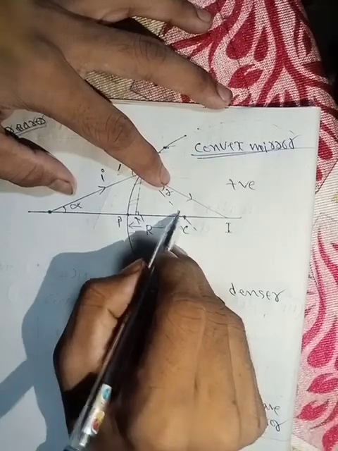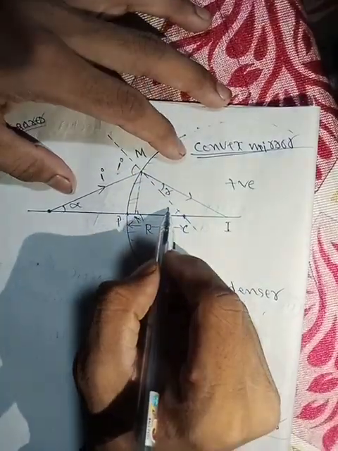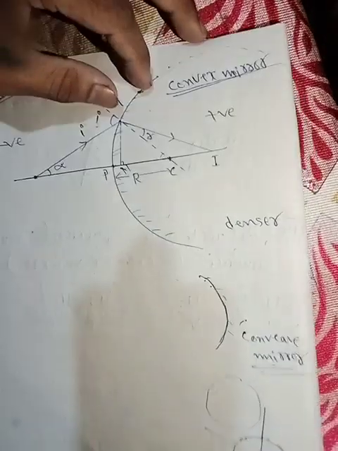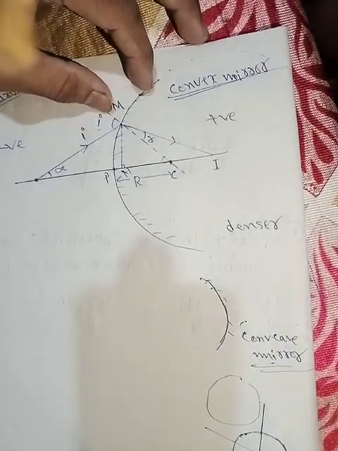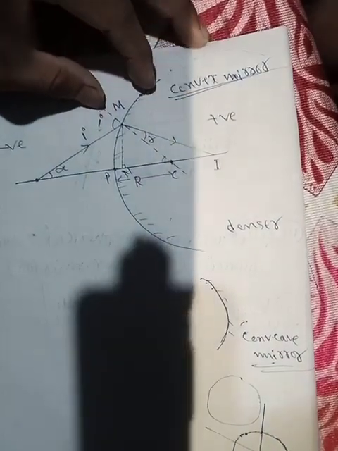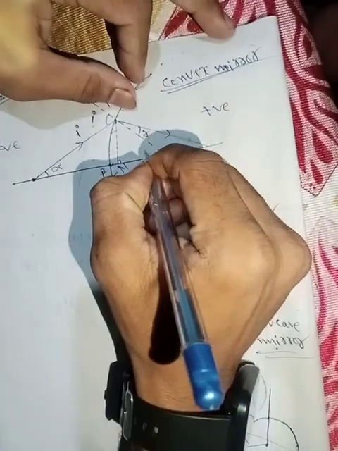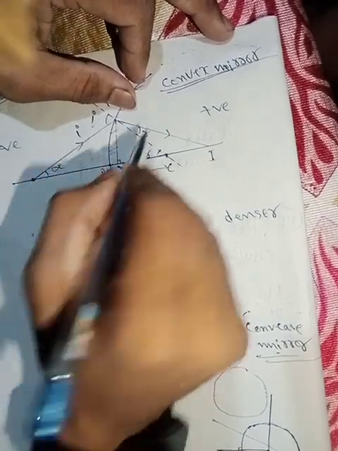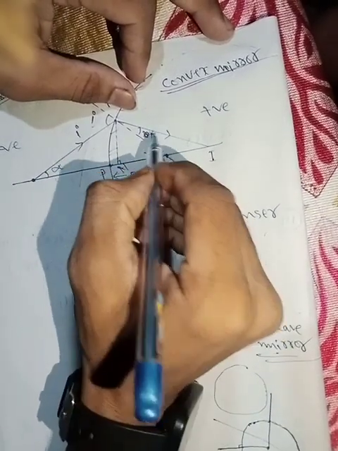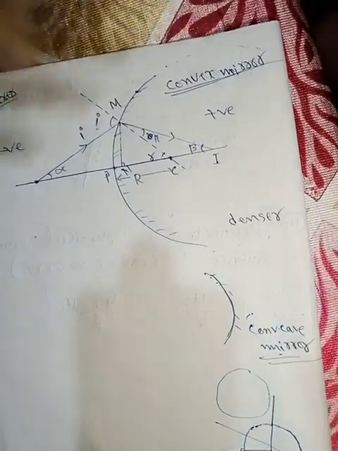Also this angle is attached to the principal axis, and let's say this is called gamma. This is R, this is gamma, and this is beta.